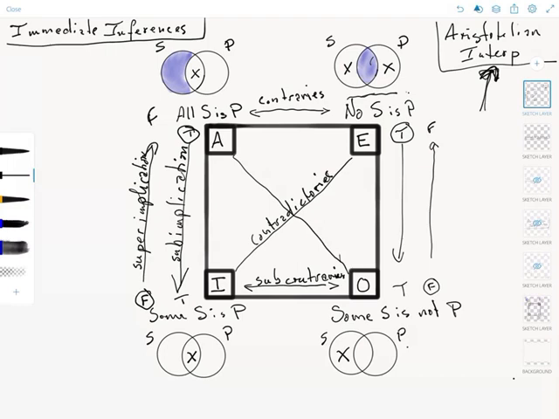It goes from the truth of a universal down to the truth of a particular, and it works for both affirmative and negative propositions, right? And then we also have superimplication, which goes up, but it goes up from the false particular proposition to the false universal. Those are the inferences on the square of opposition.